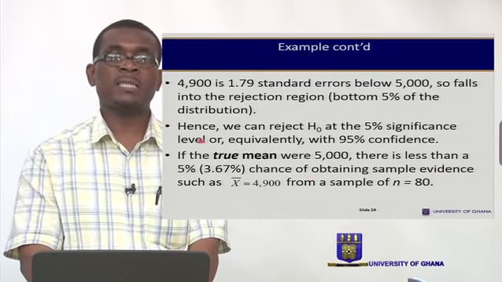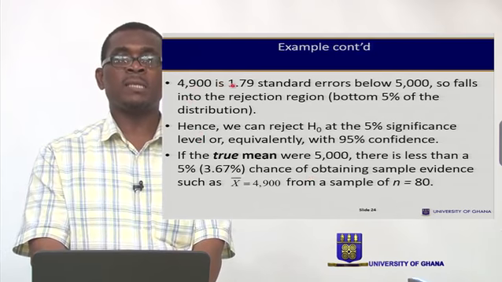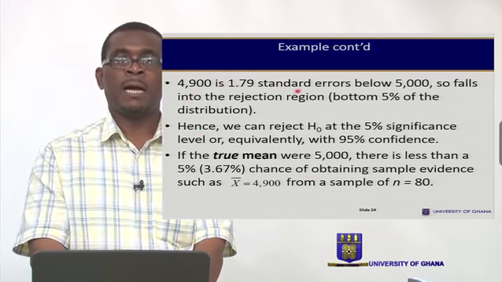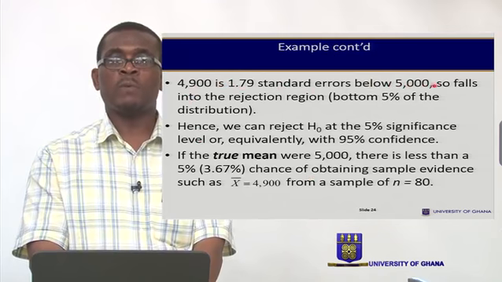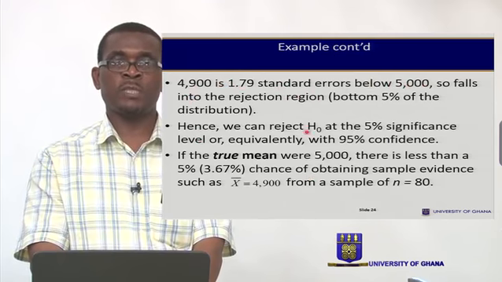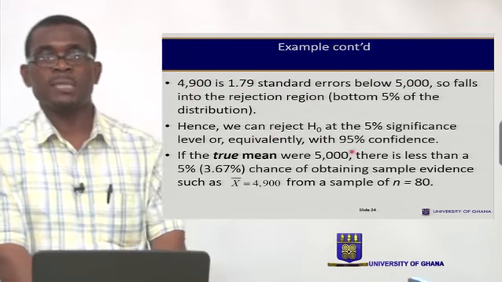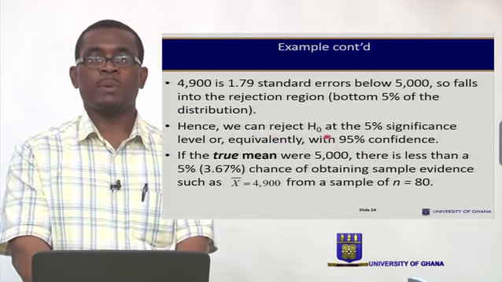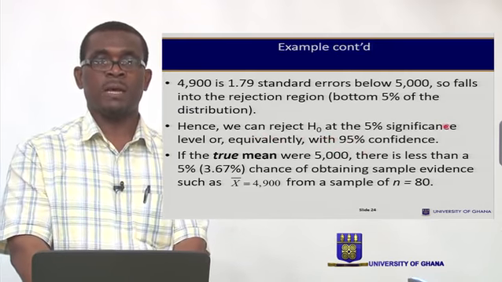Now, 4,900 is 1.79 standard errors below 5,000, so it falls in the rejection region. Hence, we can reject the null hypothesis at the 5% level.